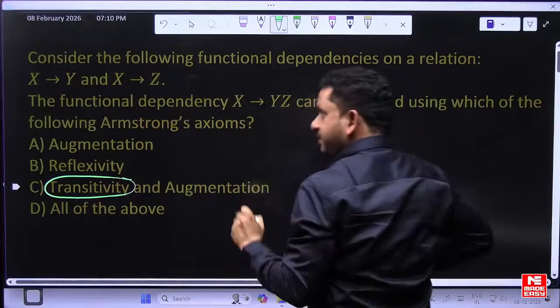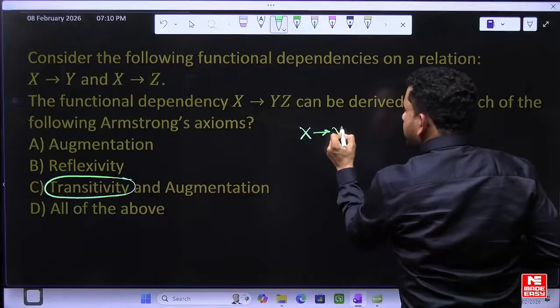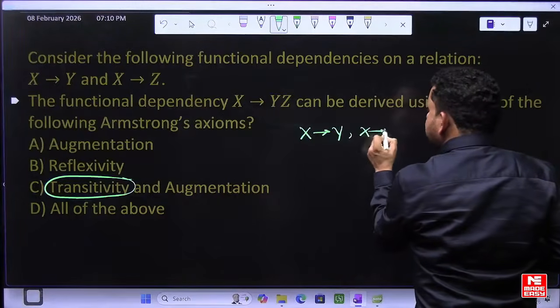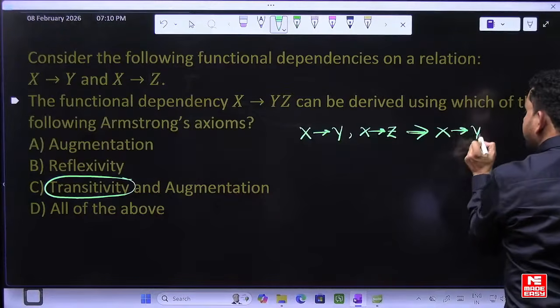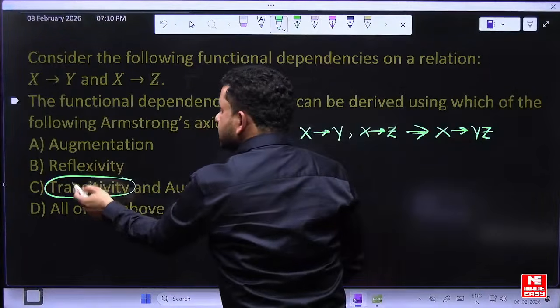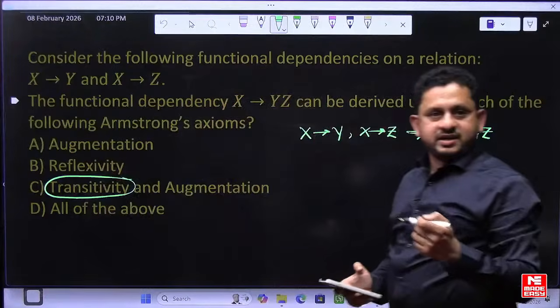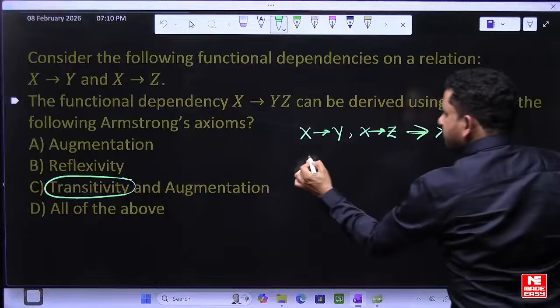What is the question? X determines Y, the union rule: X determines Y and X determines Z, in order to prove that X determines YZ. Two things are mandatory, augmentation and transitivity.